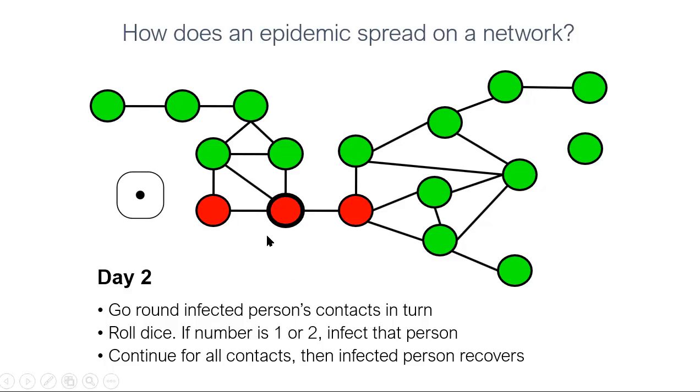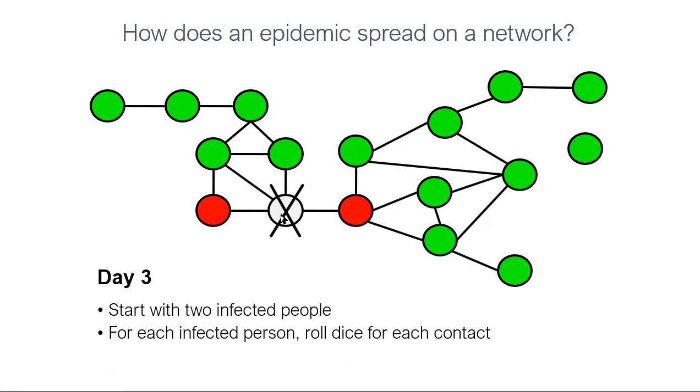In this case, they're supposing that the infection only lasts 1 day. If the infection lasts longer, the infected person would remain infected longer. But here the infection only lasts 1 day, so this person can no longer be infected. They're assuming that this person is recovered, so he's uninfectable.